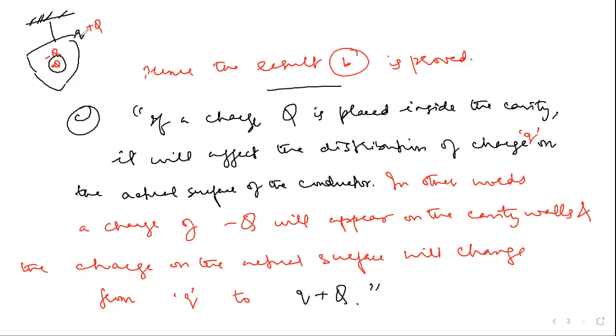In the earlier case, electrons move from the actual surface to the cavity walls; if you place minus Q in the cavity, electrons will move from the cavity walls to the actual surface of the conductor, right? So placement of charge in the cavity affects the distribution of charge on the actual surface. So we will prove that there will be creation of minus Q charge on the cavity walls. That will prove our result.